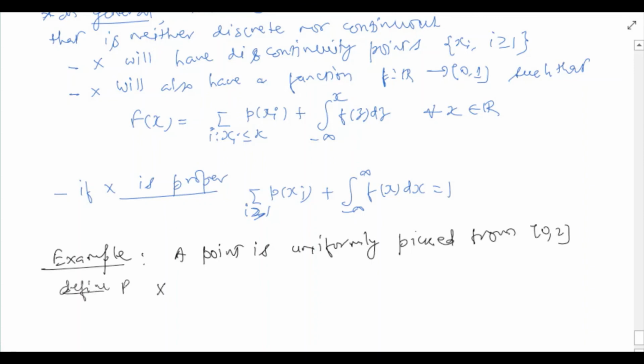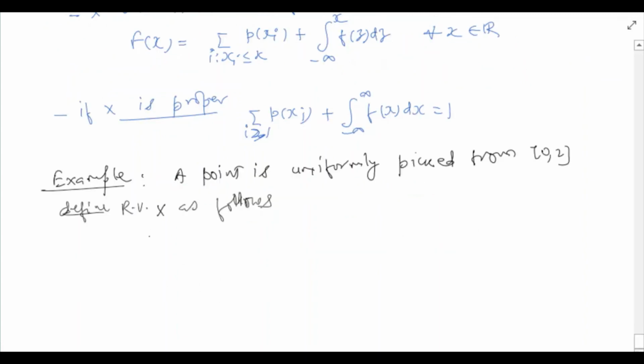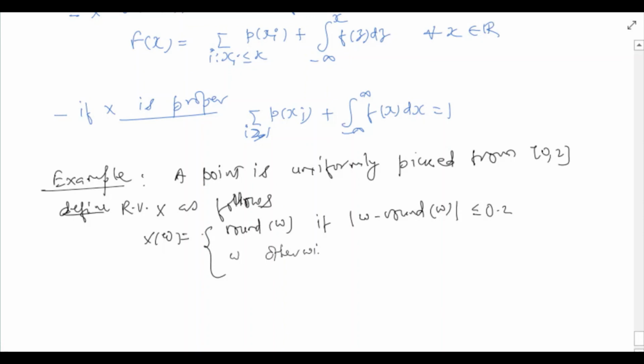Define random variable X as follows. X of small omega is equal to round of omega if the modulus of omega minus round of omega is less than or equal to 0.2, and it is omega otherwise. Let me tell what we mean by round of a number.